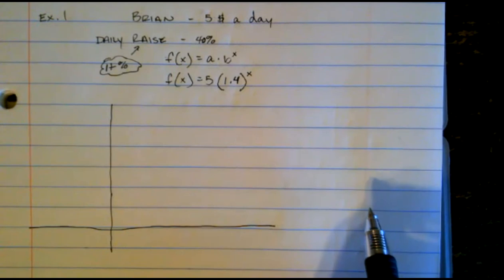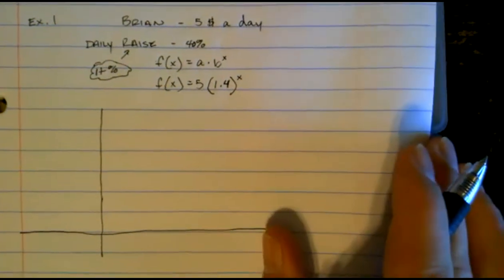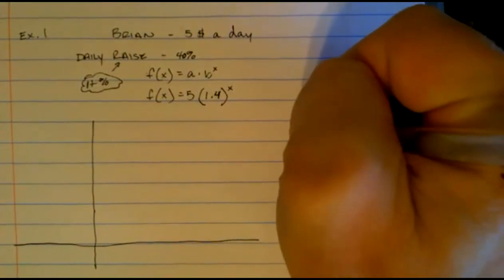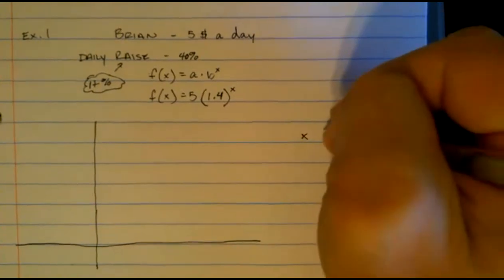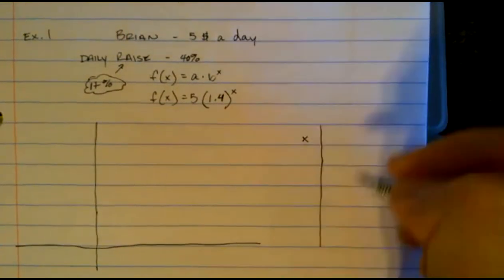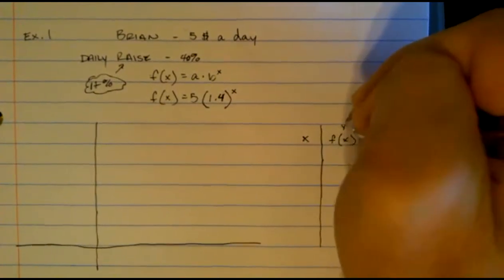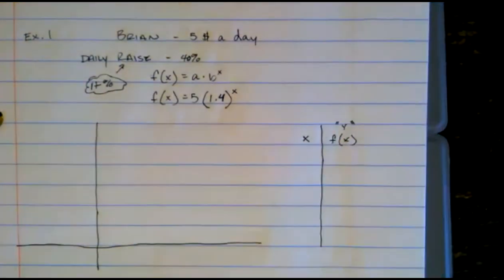All right. So how does Brian's salary, or his daily rate, stack up? Well, let's make a table of values of x's, so inputs and outputs, right? And again, remember f of x is just like our y. So as we make these different inputs and outputs, we're talking about ordered pairs.